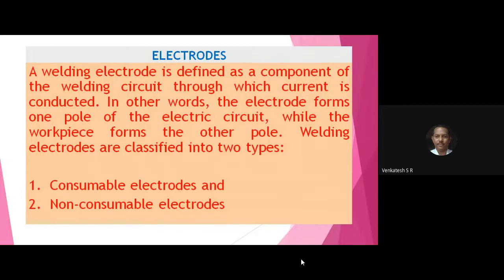In other words, the electrode forms one pole of the electric circuit, while the workpiece forms the other pole. Full stop. Thereby completing the electrical circuit.